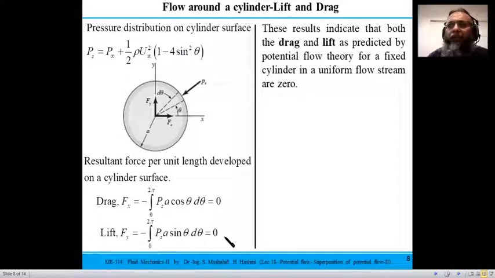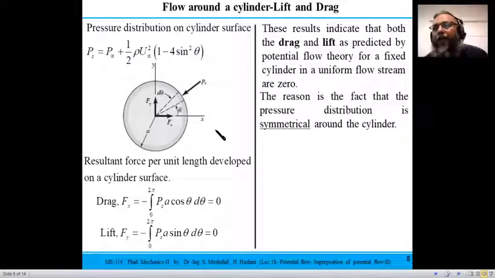But if you just place a cylinder in front of a uniform flow, for example, if you just take your hand out from the window of a car, you always experience a drag, and that is because of the viscous effect that is present in reality. But potential flow theory is unable to predict that.